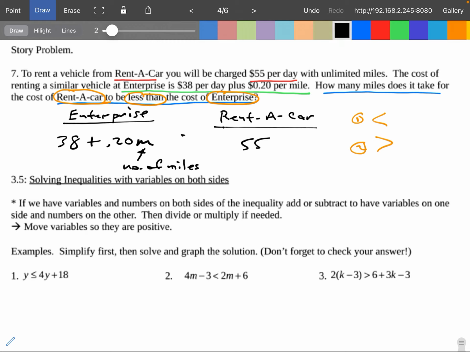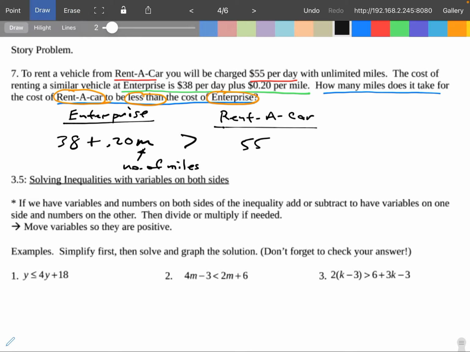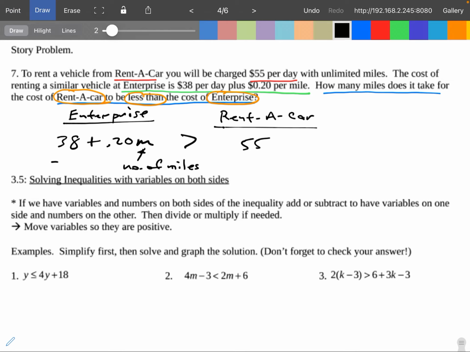Which one would it be? Do I use 1 or 2? 2. Yeah, Colton, that's good. Yeah, definitely, it goes that way. We want rent a car to be less, so you always put it pointing at the smaller one, or the one that's less.